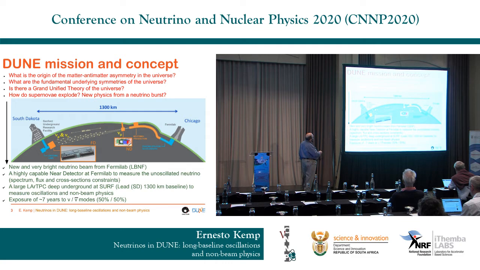So to do so, this is the concept and the layout of the experiment, where a very intense beam of neutrinos will be produced at FERMILAB, and just downstream of the beam, we have a complex of four different near detectors to measure the unoscillated flux and constrain also the flux of particles that goes underground from 1,300 kilometers up to the far side.